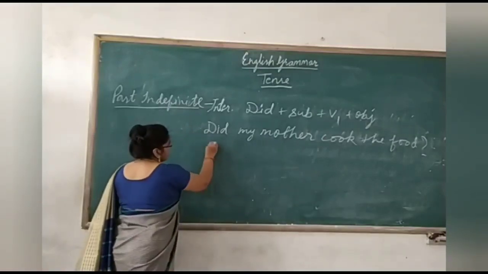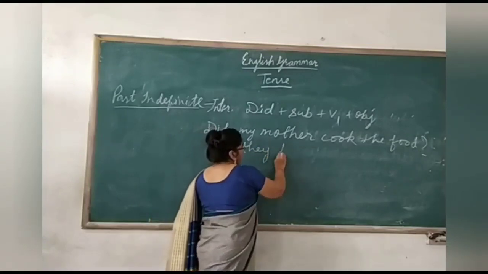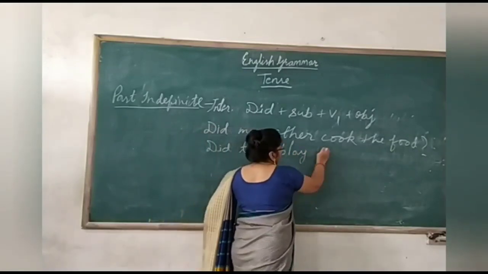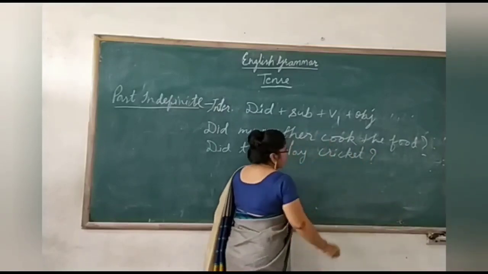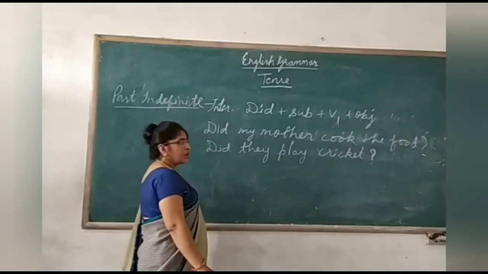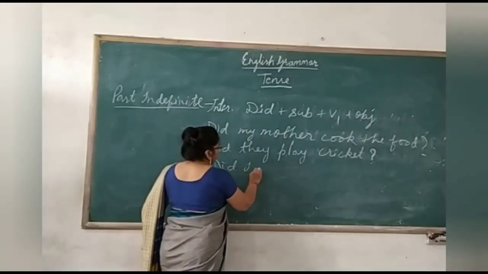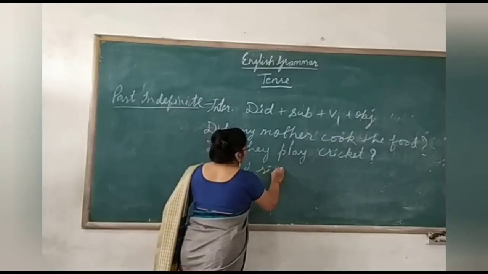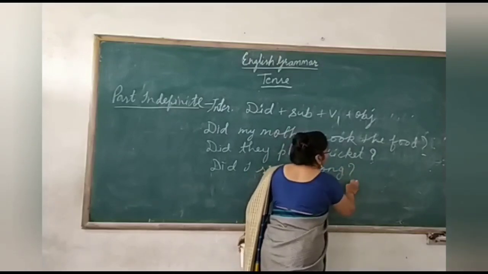Now, in the next, did they play cricket? See here, put the full question mark again here. Question mark is necessary in the interrogative sentence. Now, did I sing a song? Question mark.